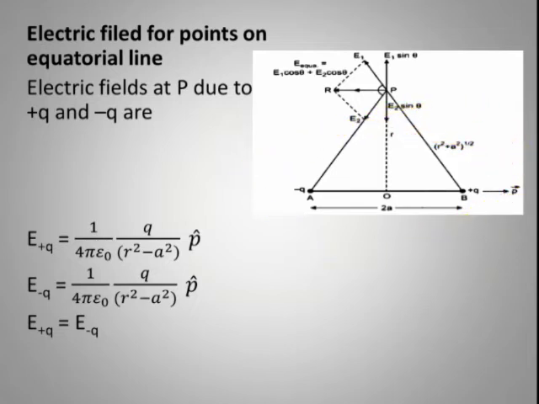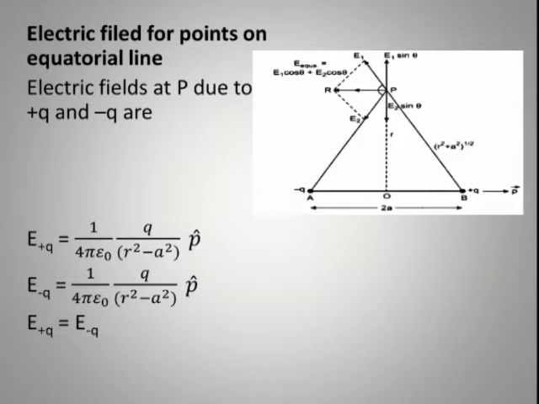How you sum them up is very important in this derivation. So they have given you the electric field at P due to the plus charge and the negative charge. Now what do you have to understand? First, let me explain a pictorial representation, and then you will understand further derivations of this concept.